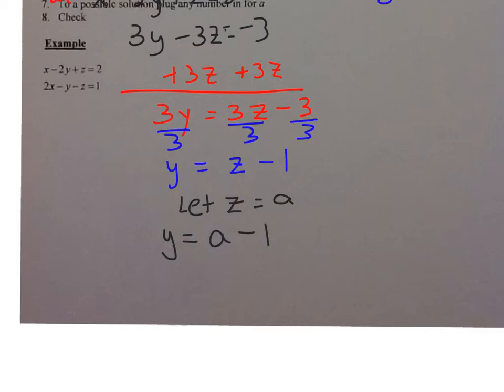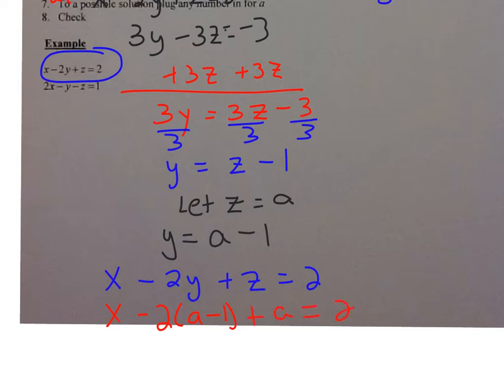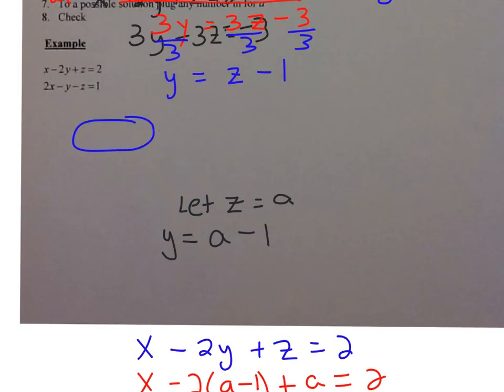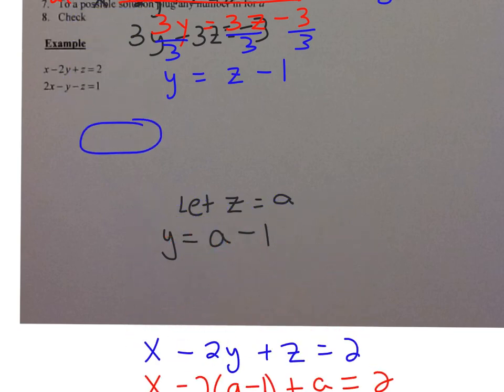So I'm going to take those two, the z and the y, and I'm going to plug it into this equation here. So I'm plugging it into x minus 2y plus z equals 2. So I have x minus 2 times y, my y is a minus 1, plus z, which is a, equals 2. And now I'm going to solve for my x value.